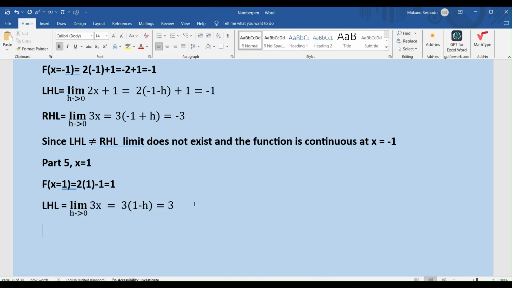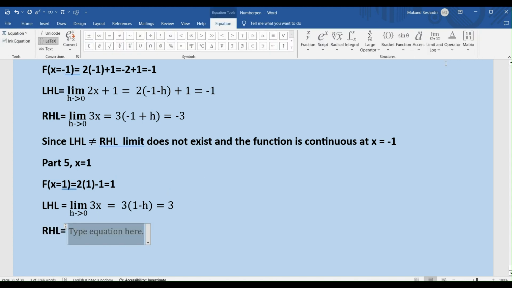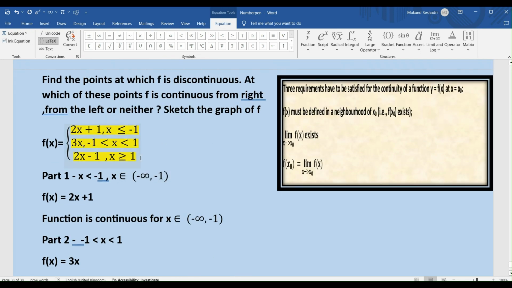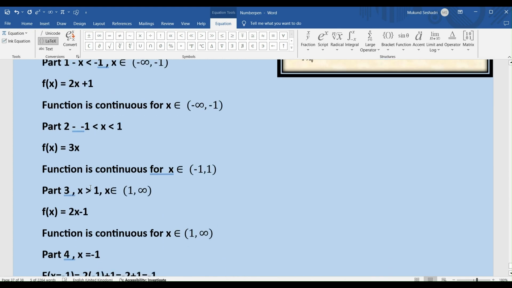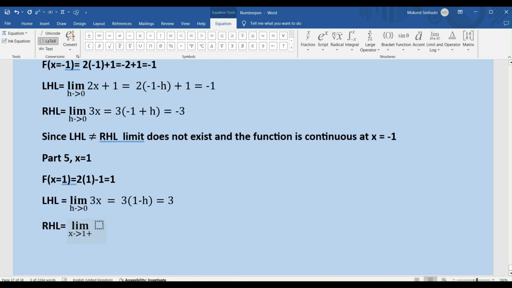And then I go to my RHL and I calculate my limit extending to 1 plus, right now. And for x greater than 1, we know that this function takes a value 2x minus 1, right? So 2x minus 1 is what I'll have to write here. And then what do I mean by x approaching 1 from the right? So it means it is 1 plus h, right?